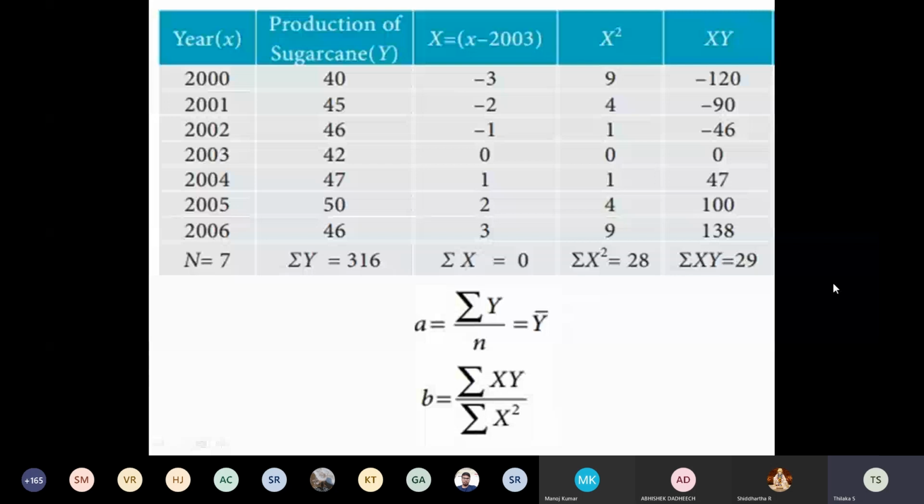While sigma x is equal to 0, the value of constant small a is equal to sigma y by n. So sigma y is equal to 316 divided by small n, which is 7. So what is the value of a?